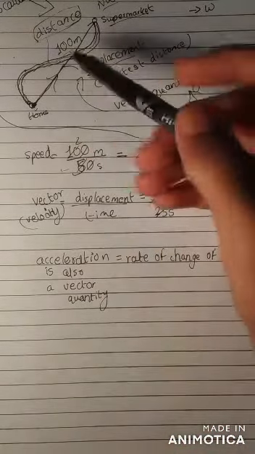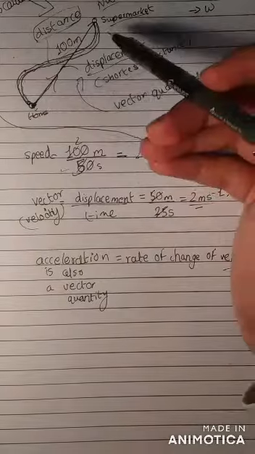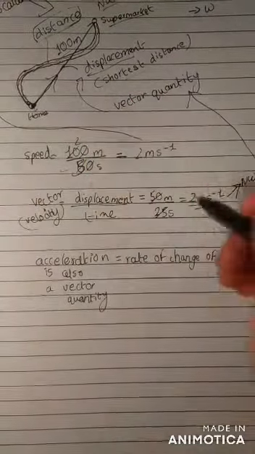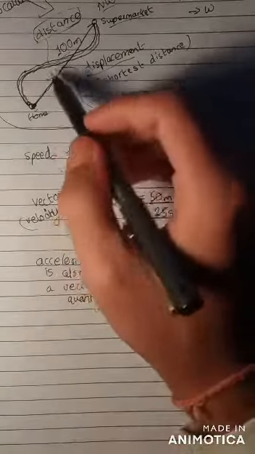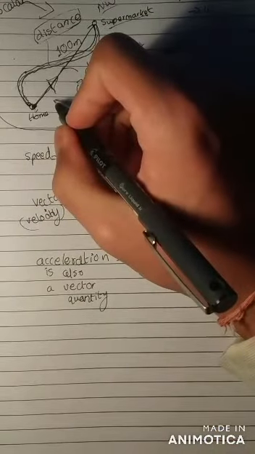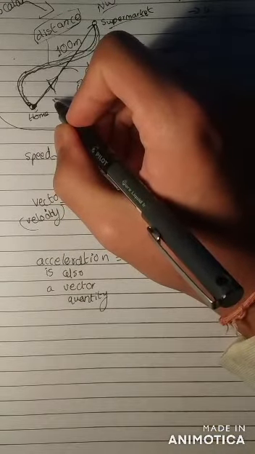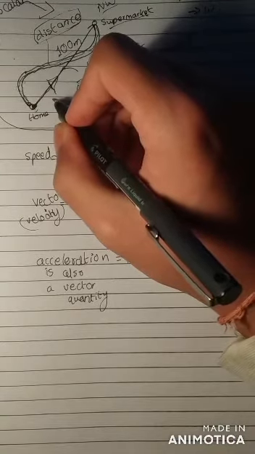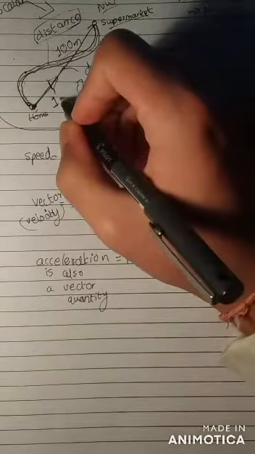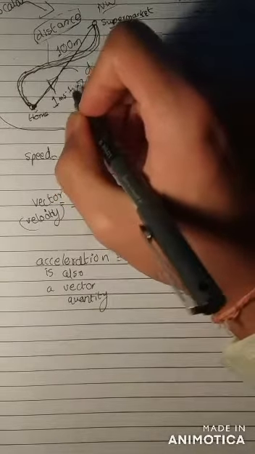In my journey to home and supermarket, if my velocity kept on increasing, for example, let's say up to here, my velocity was 1 meter per second.